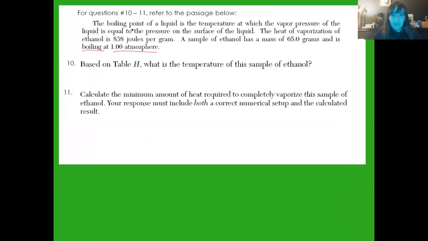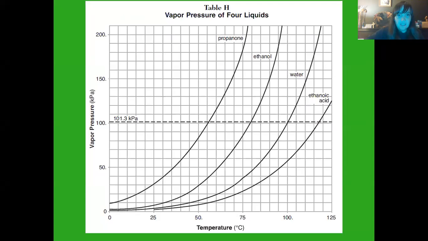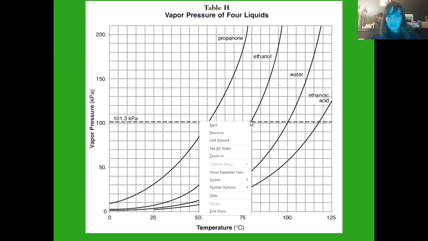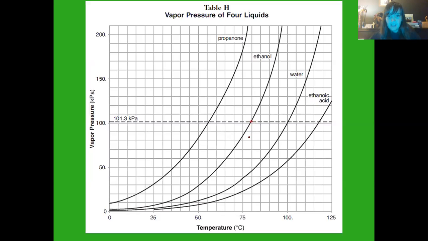And we know that the boiling point is when the vapor pressure is equal to the atmospheric pressure. So if this ethanol is boiling at 1 atmosphere, which is 101.3 kilopascals, it's right here. So that means it is about 80 degrees Celsius right now.